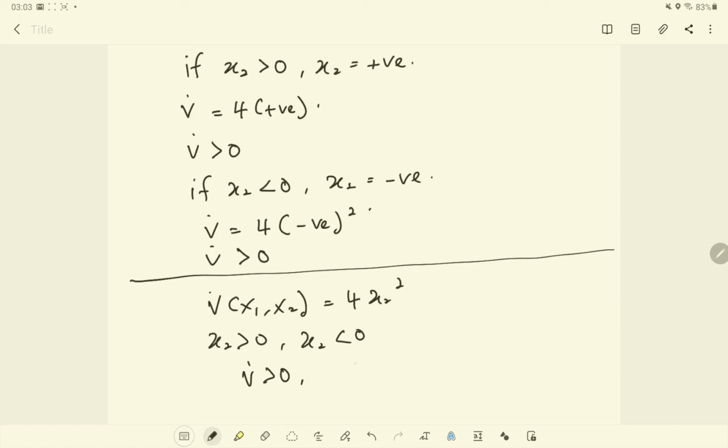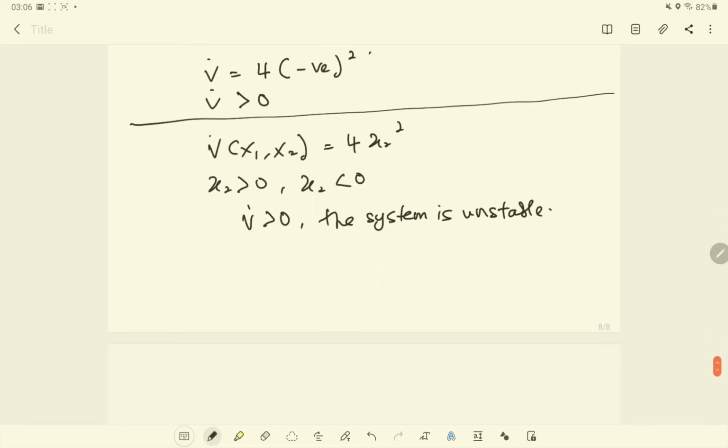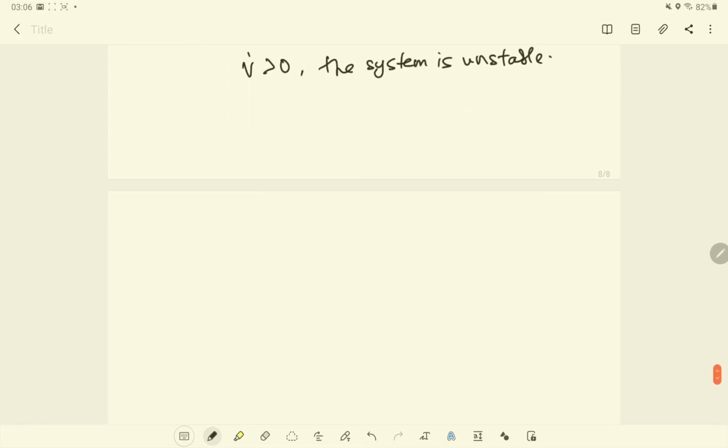So it means that for any value of x2, the system remains unstable. So those are two examples for Lyapunov.